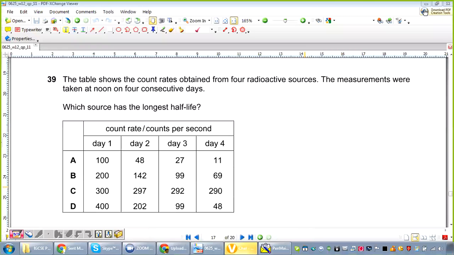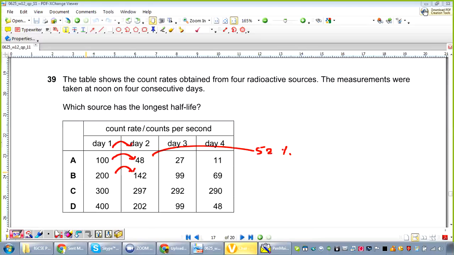Because you have to see the difference, no? No, you'll have to see the percentage change. If I'm going from here to here, day 1 to day 2, in one day the percentage change is nearly 52% decrease. Okay, so its half-life is less than 1 day.